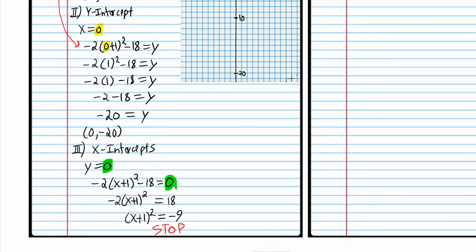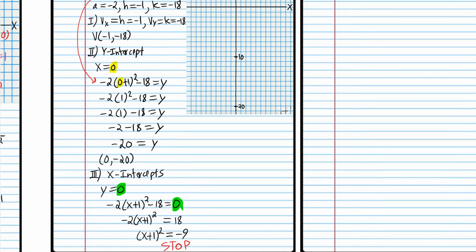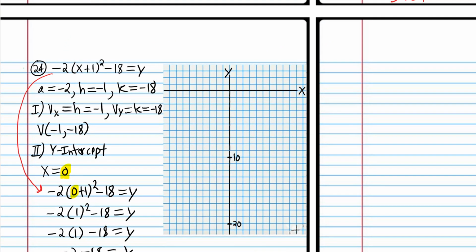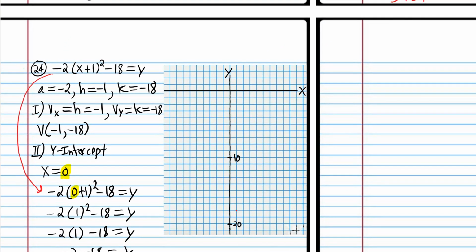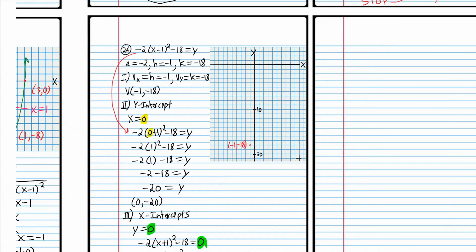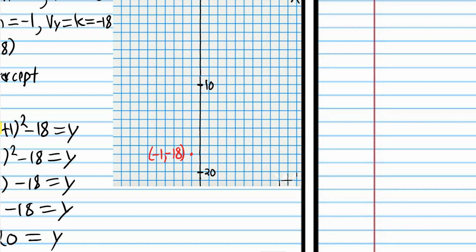So let's go ahead and graph what we can. So (-1, -18), that's going to be down here. Whoops, that's on the other side actually. (-1, -18). And let's graph the y-intercept. The y-intercept is (0, -20).